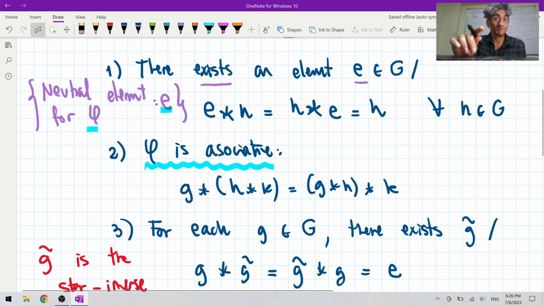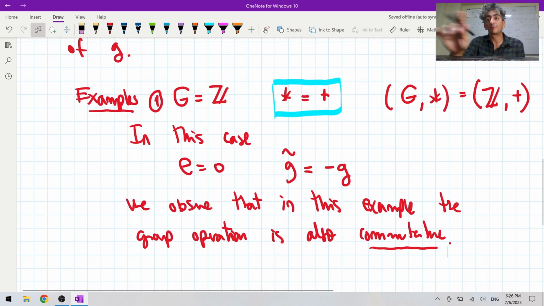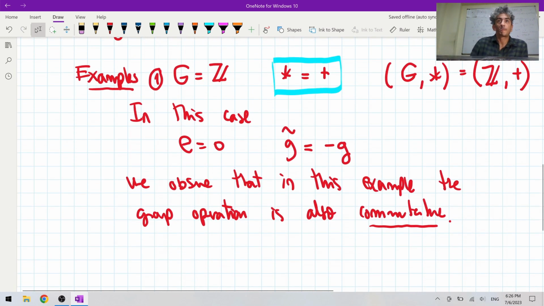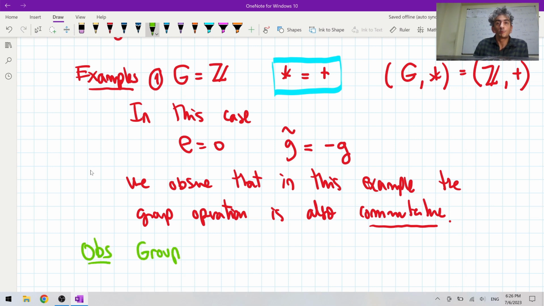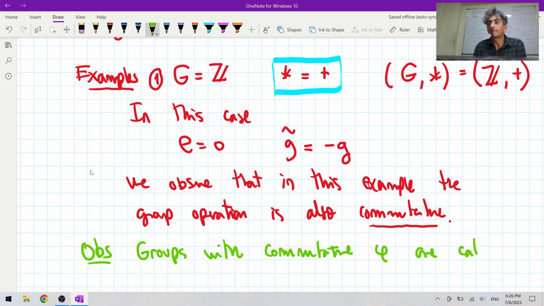But in this case, it is also commutative. Observation: groups with commutative phi are called abelian groups, also called commutative groups.